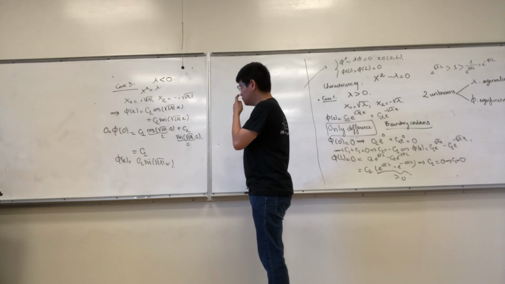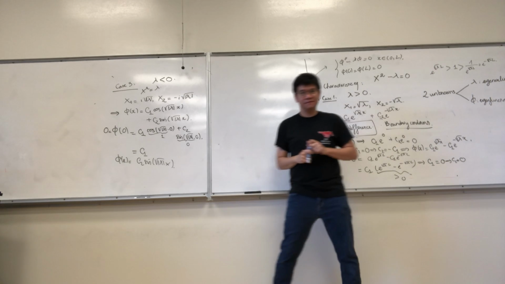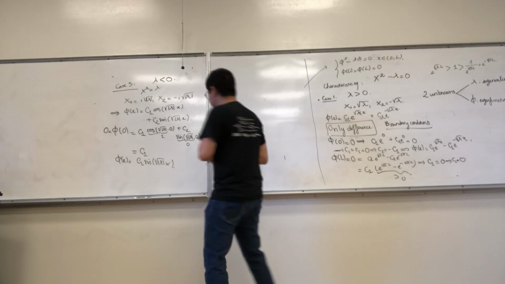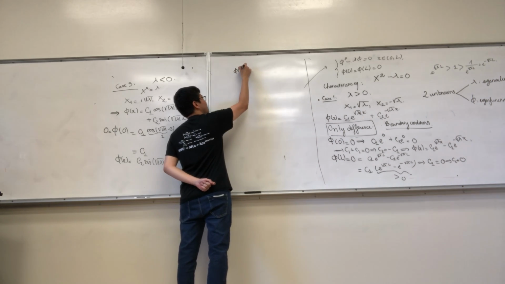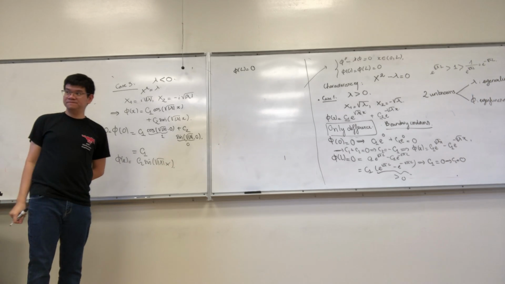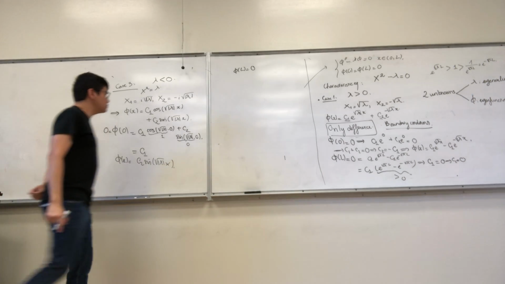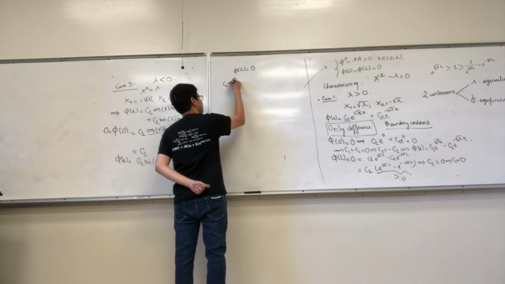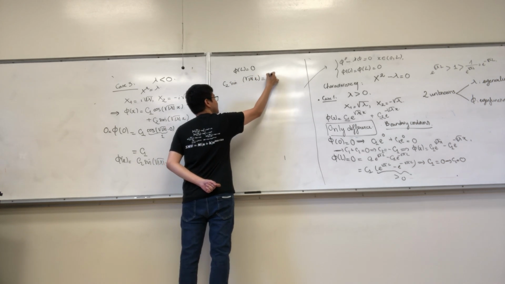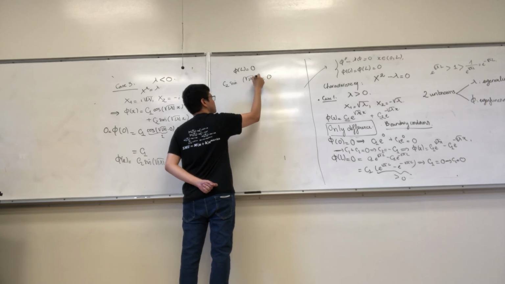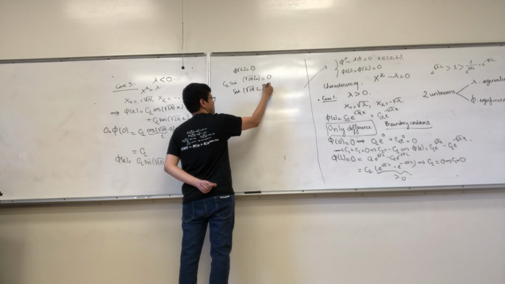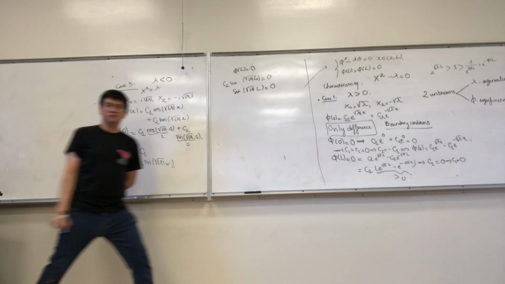All right, so now what is next? Now I'm going to use the second boundary condition, phi(L) is 0. So when phi(L) is 0, you have C2 sine of square root of lambda times L is 0, which means that sine of square root of lambda L is 0.